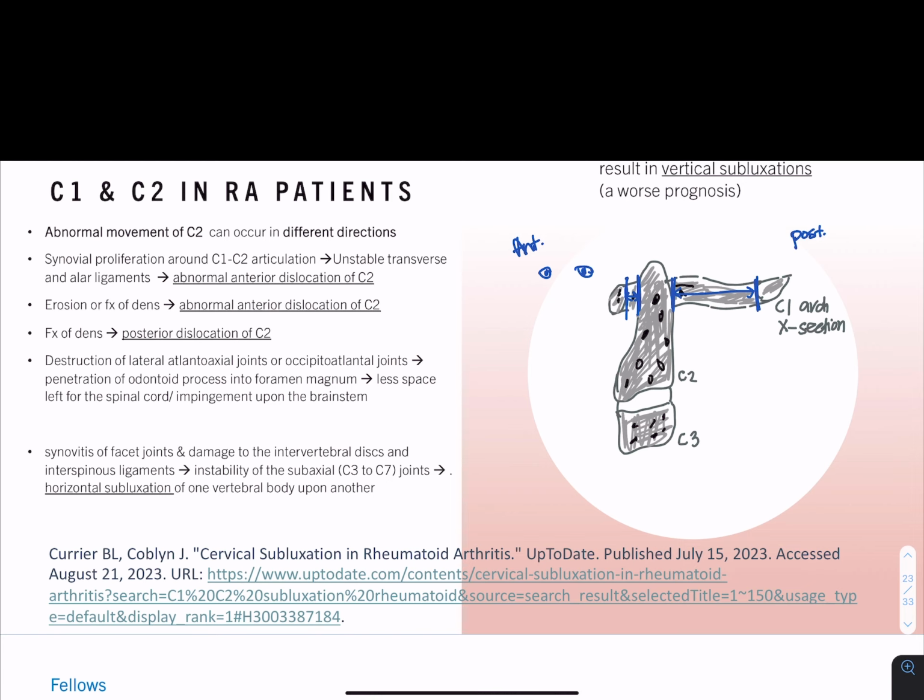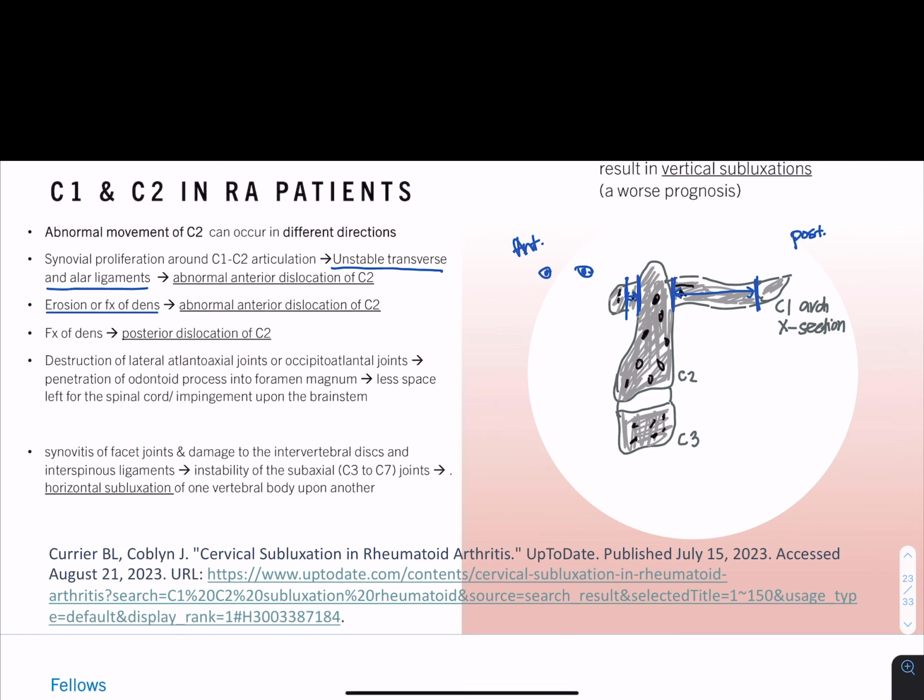When there's synovial proliferation around C1, C2 articulation, transverse and alar ligaments can have laxity, stretching, rupture, all those things leading to abnormal anterior dislocation of C2. Similar anterior dislocation of C2 can occur with erosion or fracture of dens.